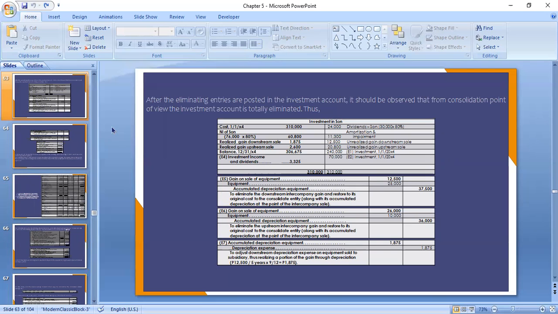So the balance on December 31, X4, 306,1,675.